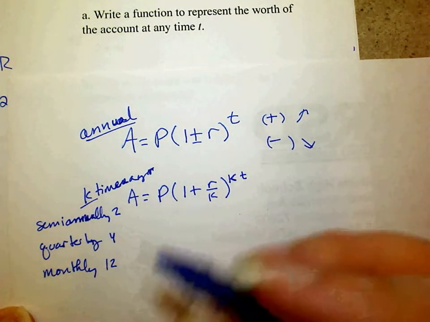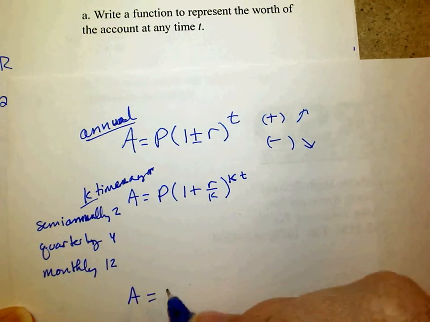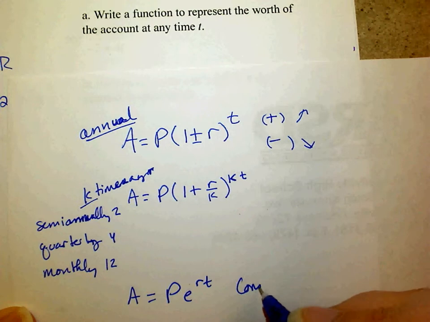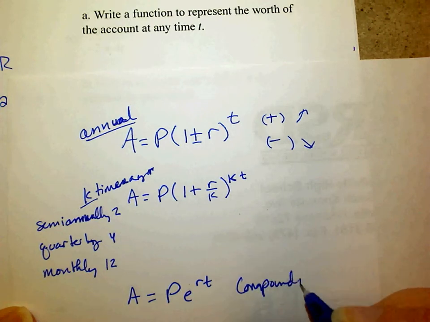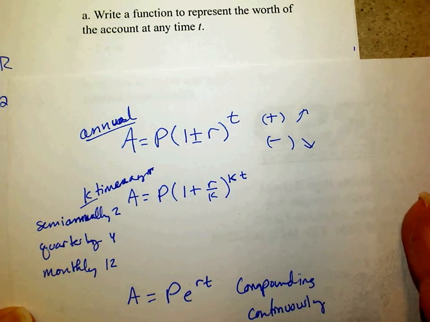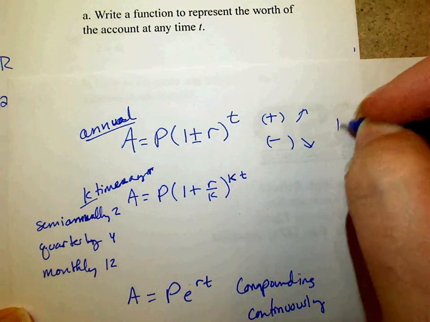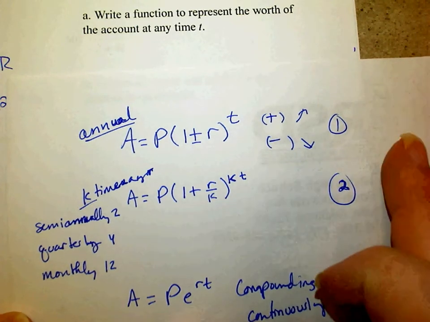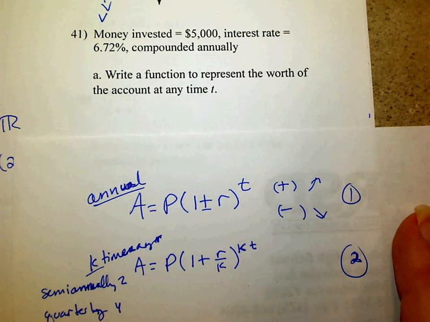Now this is when it's compounding continuously. Okay? So you've got these 3 formulas: 1, 2, and 3.